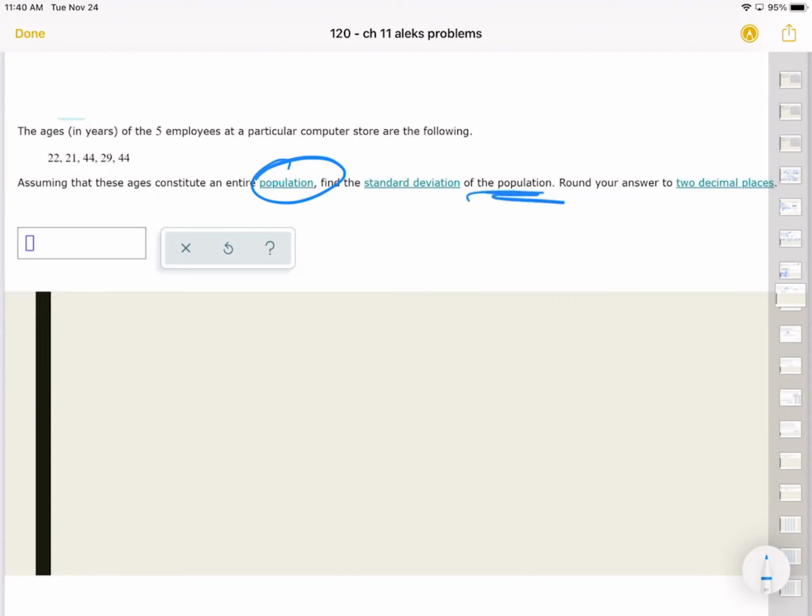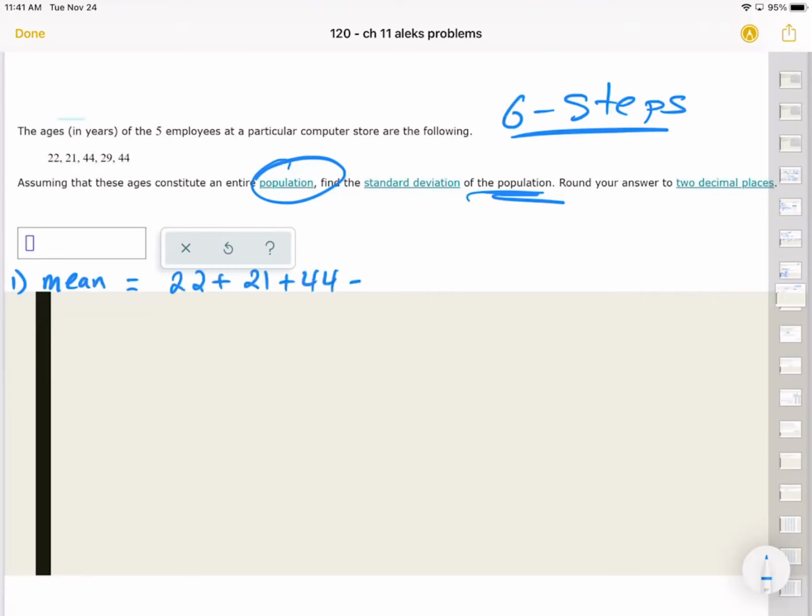So reminder, we went over this. There are 6 steps, the 6-step procedure that we need to do. Reminder that the first step is we need to find the mean. And how do you find a mean? You take each individual item, you add them up and divide by the total.